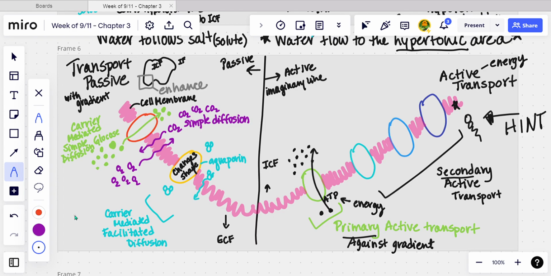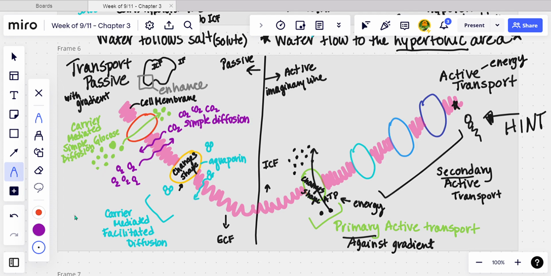And the other thing to know is that just like the shape that changes in the facilitated diffusion, this protein here also changes shape. However, that shape change incorporates the use of ATP to happen. This changing shape over here in facilitated diffusion is kind of like a trapdoor, right?